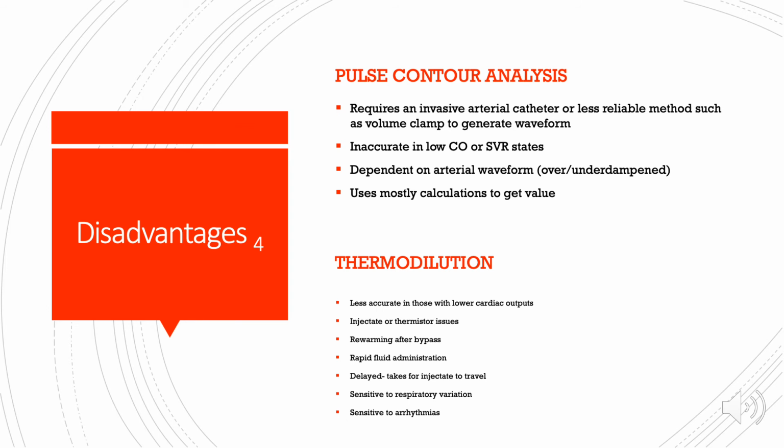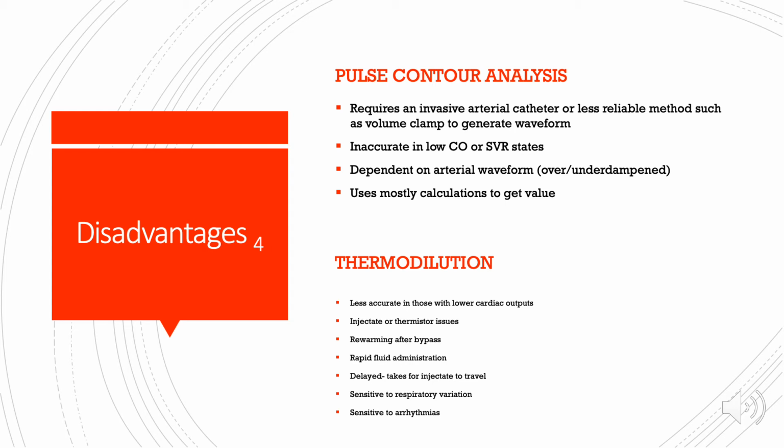Some disadvantages for the pulse contour analysis: like I said, it requires an invasive arterial catheter or a less reliable method, such as a volume clamp, to generate the waveform. It's inaccurate in low cardiac output or systemic vascular resistance changes, also with intra-aortic balloon pumps.